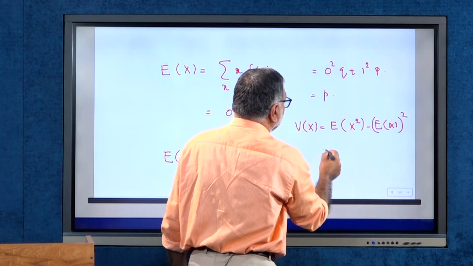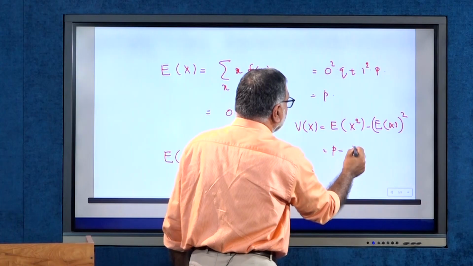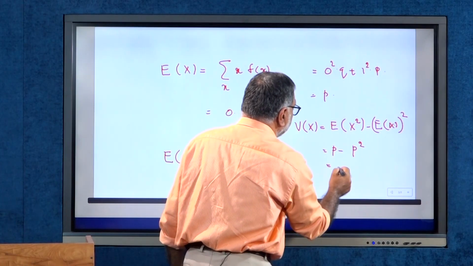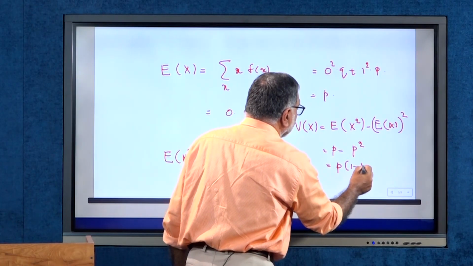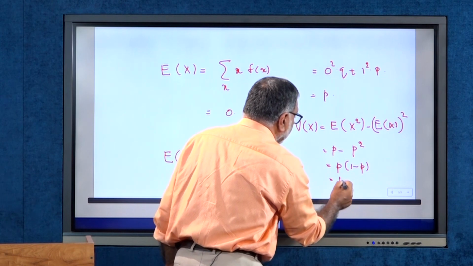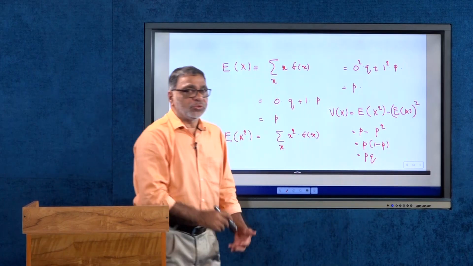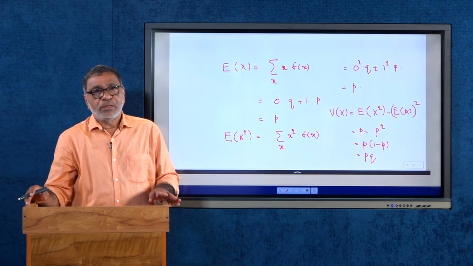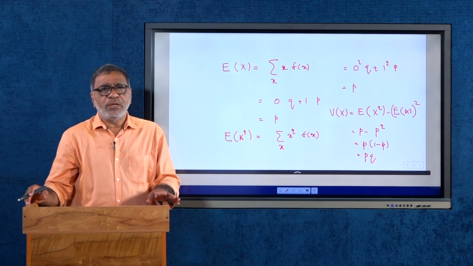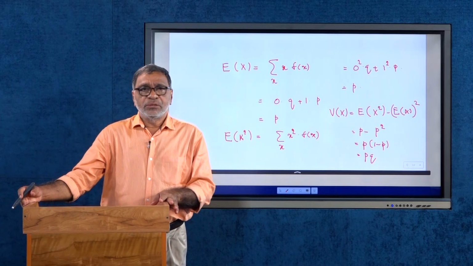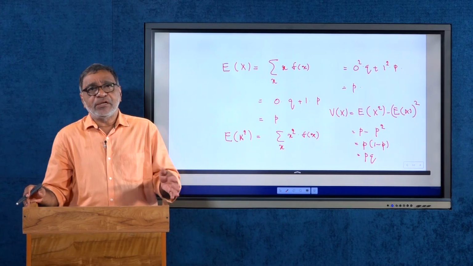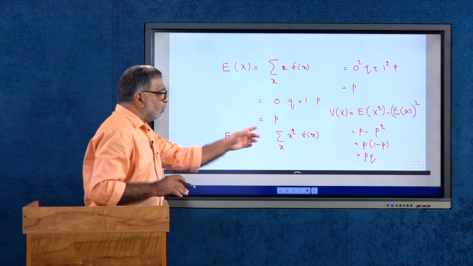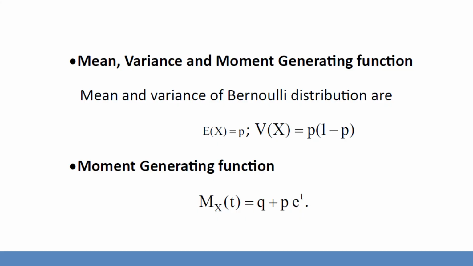This is p minus p square, that is p into (1 minus p), or by notation pq, because q is equal to 1 minus p. So for the Bernoulli distribution, the mean and variance are p and pq respectively, that is p and p into (1 minus p).